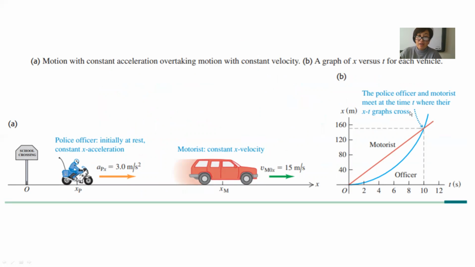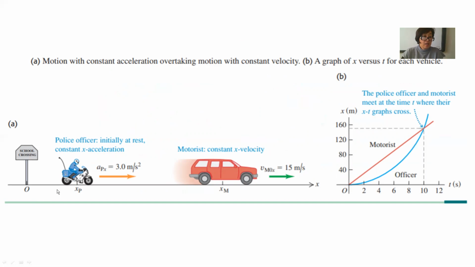And the final figure shows motion with constant acceleration overtaking motion with constant velocity, and part B is the graph of x versus time for each.